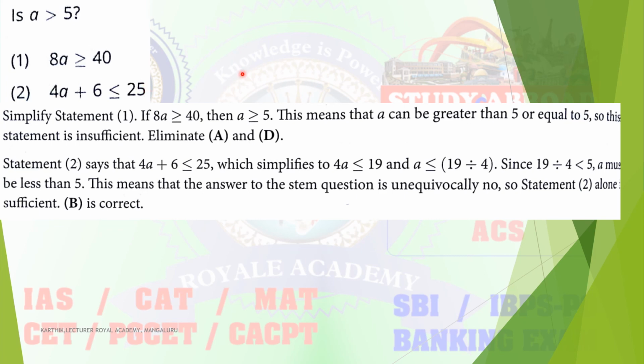It is a yes or no type of question: whether a is greater than 5? No. From the second statement you can tell the answer is no. So which option is correct? Option B is correct. From the second statement itself you can answer the question. So option B is correct for this question.